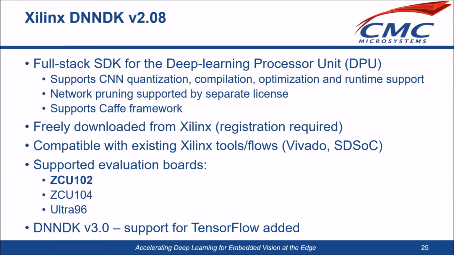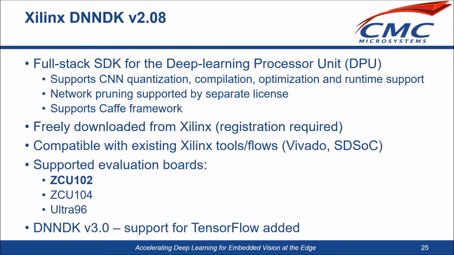Xilinx DNNDK is a relatively recent tool from Xilinx. This is a full stack software development kit for their deep learning processor unit, or DPU. This was originally created by a company called DeePhi, which Xilinx acquired last year. DNNDK supports network quantization, compilation, optimization, and runtime support to run on Xilinx Zynq UltraScale MPSoC chips.